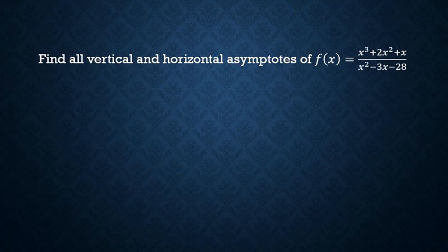So horizontal asymptotes always get done first, then you go to vertical, where you may have to cancel out common factors.